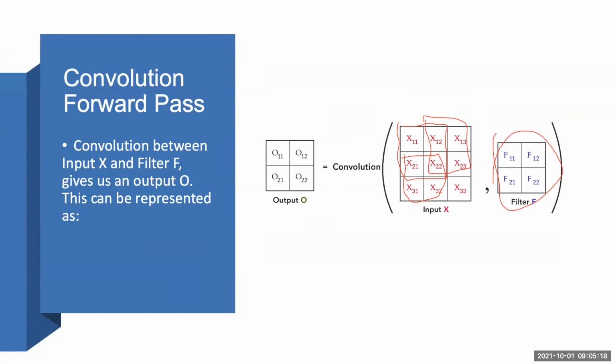Say we put our filter here, what we're basically doing is we're saying x11 multiplied by f11, x12 multiplied by f12, and so on, x22 multiplied by f22, and you sum up all the multiplications. That gives you the result for the first output.